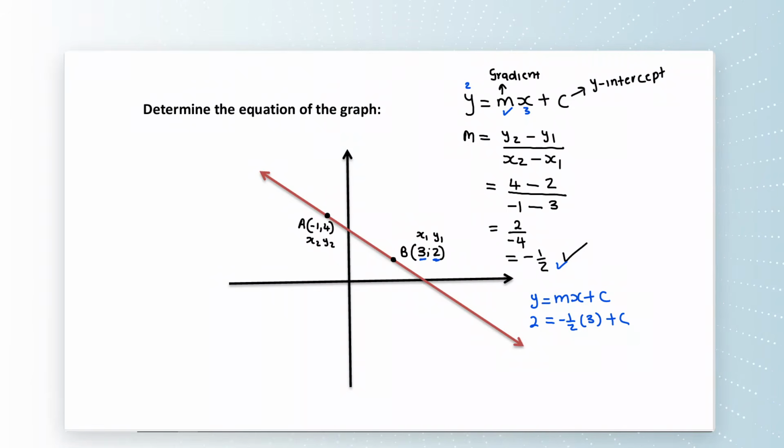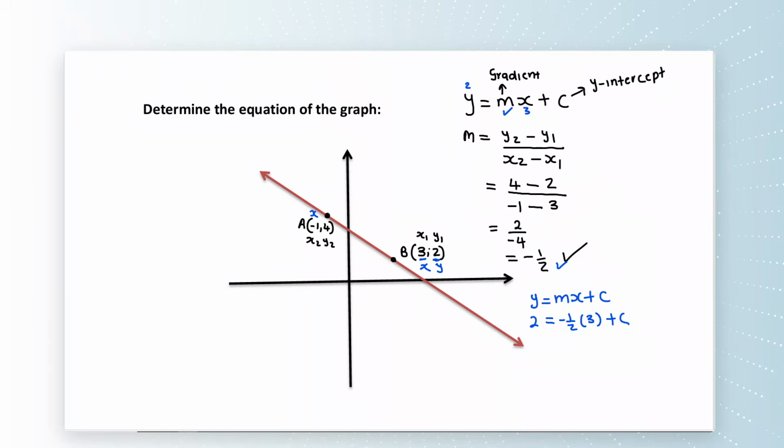Okay, another mistake that I've observed is that a learner can choose y here and then go use x there. No, you must not do that. If you use the y of 2, you have to use the corresponding x value. If you decide to use the y of 4, then you must use x as negative 1. I hope it makes sense. You must always use corresponding values when it comes to coordinates.